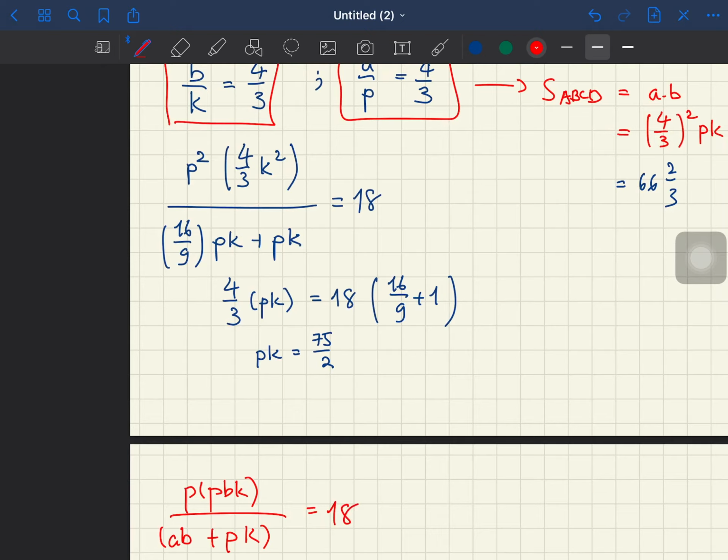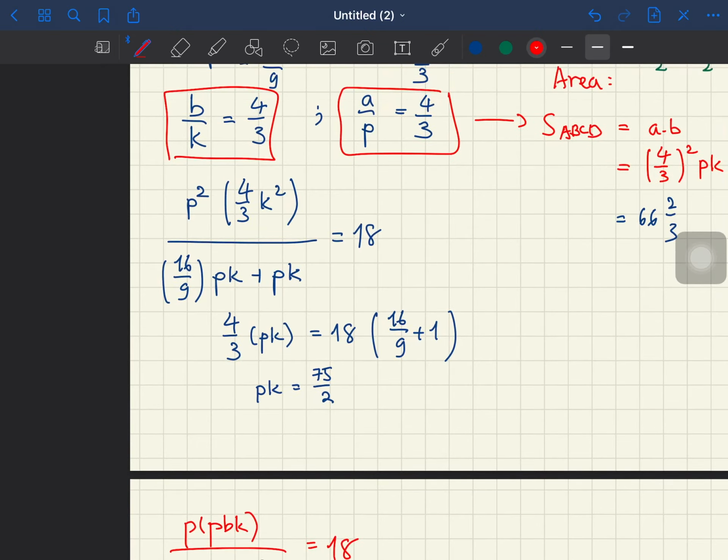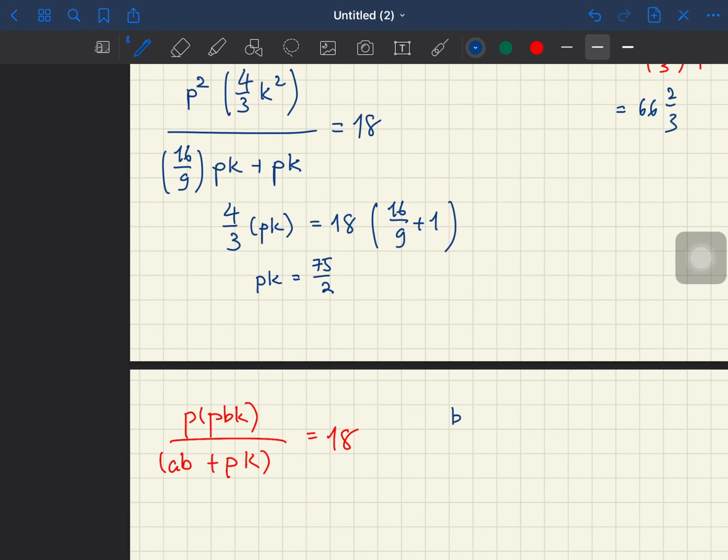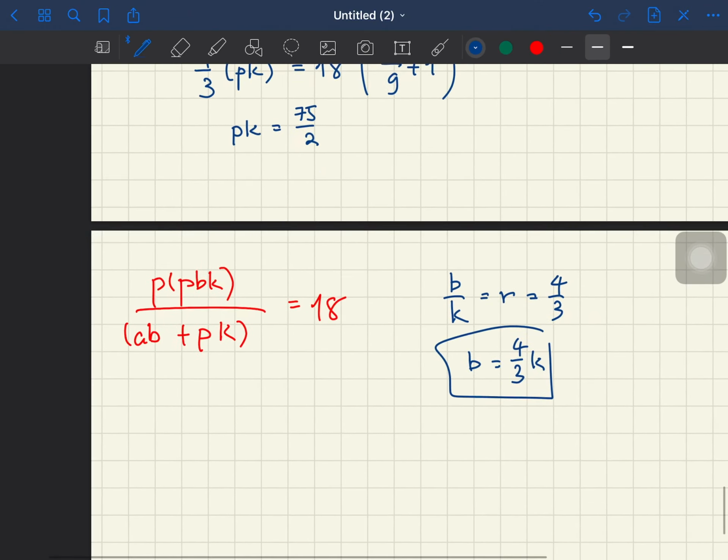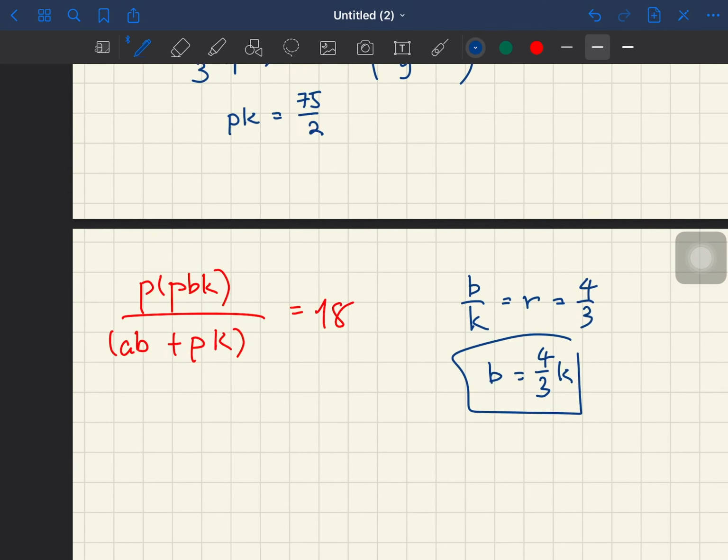So recall back, we have b/k equals to the r equals to 4/3. Okay, we're gonna use this one. Well, I just make it the other way around. B equals to 4/3 k, and then what we can get as a result is p squared times bk over ab plus pk equals to 18.